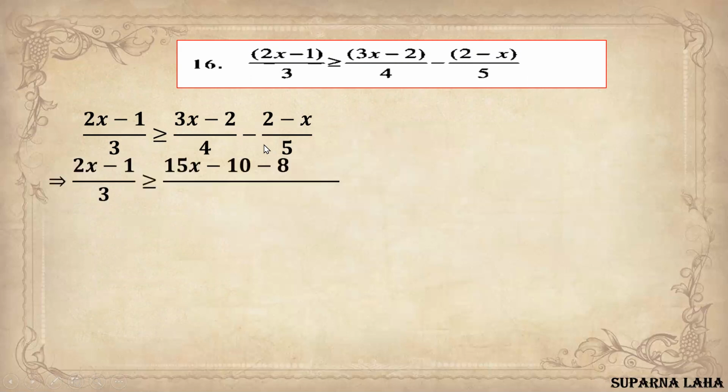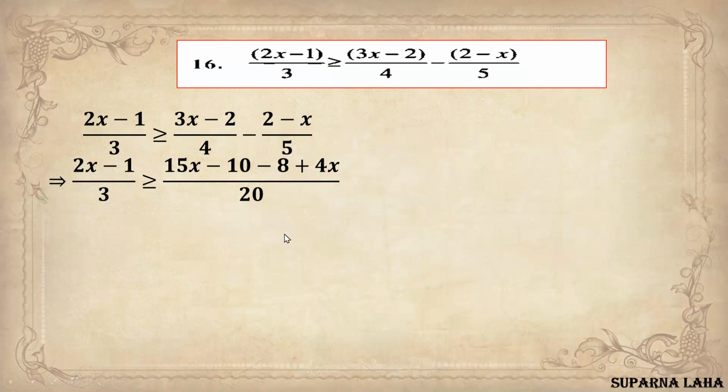The LCM of 4 and 5 is 20, so 5 into 3x is 15x, 5 into minus 2 is minus 10, minus of 4 into 2 is minus 8, and minus of 4 into minus x is ultimately plus 4x. So 15x minus 10 minus 8 plus 4x.